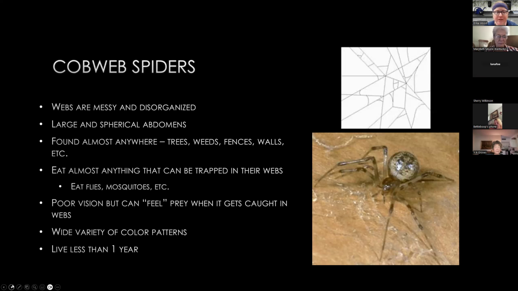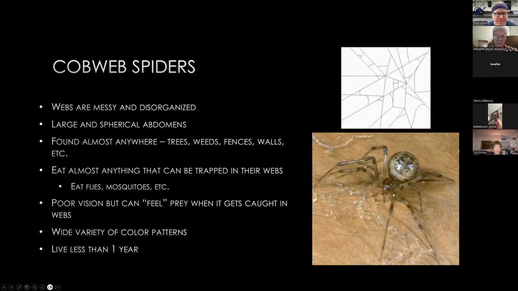Most of the time, they're going to be found just about anywhere outside in our landscapes. Usually you'll see them on some of our structures, like walls or fences, but they can be up in the trees as well. They are going to eat about anything that can be trapped in their webs, like flies or mosquitoes.